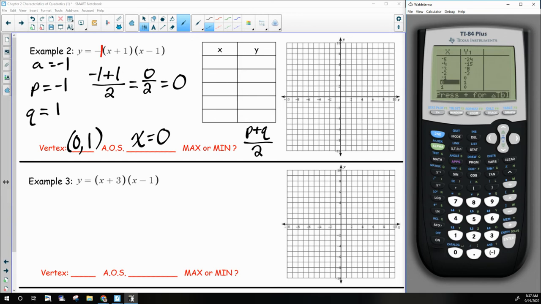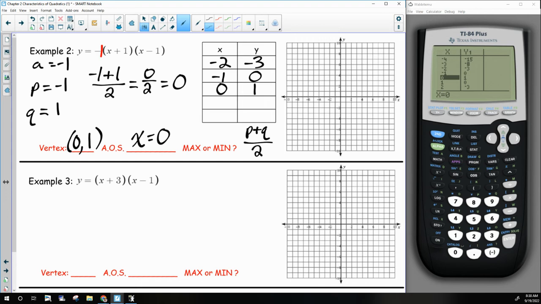How about the chart? Oh yeah, so let's do the chart. We need our table. So our vertex goes right in the center of our table, 0, 1. And now we go to our table and we copy 2 nice points above, 2 nice points below. We got -1, 0. We got -2, -3.